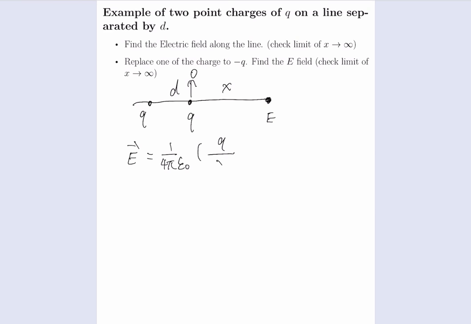So R squared here is x squared, and it's pointing along the x direction. And then there is the second term, right? You simply write down Q over (x plus d) squared, and it's also in the x hat direction. And now we can simply sum this together, and that gives the final answer.